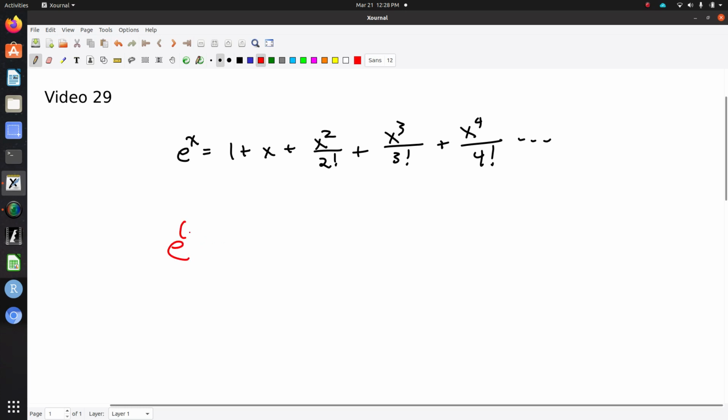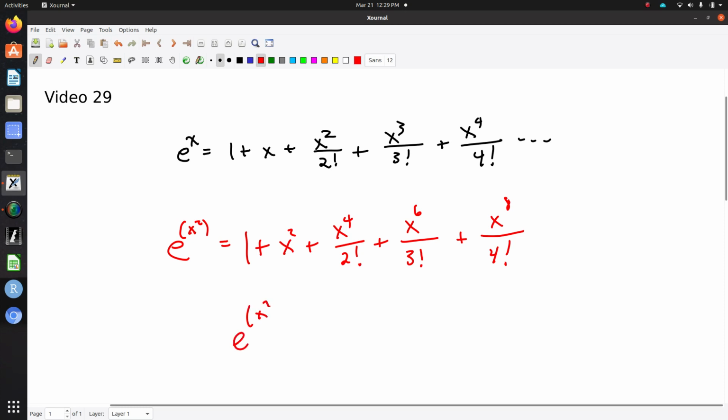Let's see, what else? Yeah, you can do things like this. You can say e to the x squared and say, well, I don't want to redo this whole thing. What a pain. But I'm just going to replace the x by x squared, and voila, you have this beautiful expansion, and you didn't have to do any extra work. You didn't have to take e to the x squared and take the derivative, which is a pain, because the derivative of that is e to the x squared times 2x, and oh my gosh, I don't want to take the derivative of that thing.